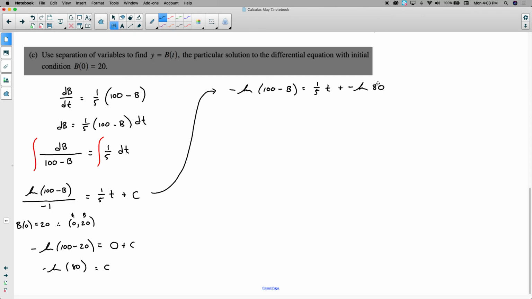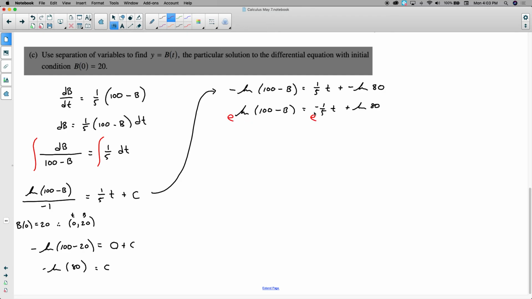Just making sure no mistakes. And now it's time to solve for b. So swinging the negative sign over there, I'll just throw the negative sign in there. That's fine. Nothing fancy.